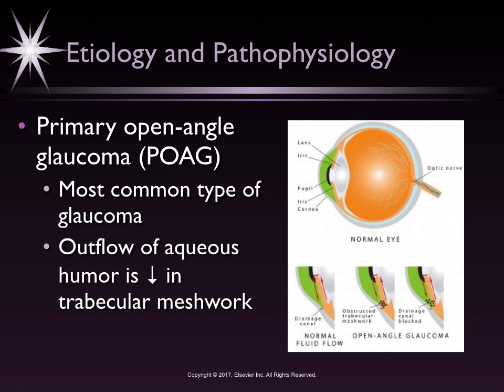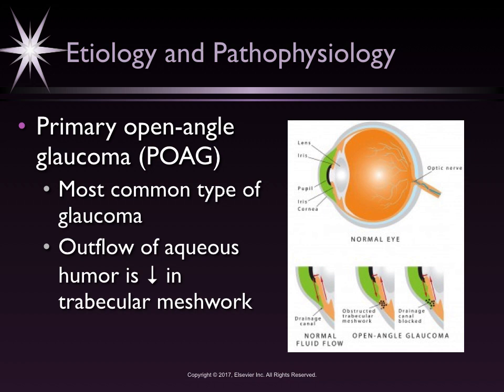So when we look at glaucoma, there's two forms of it. One is called primary open angle glaucoma, or POAG. It's the most common type of glaucoma, and it results from the outflow of the aqueous humor being decreased as it goes through the trabecular meshwork.